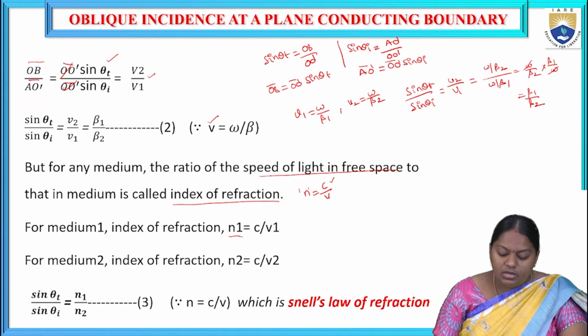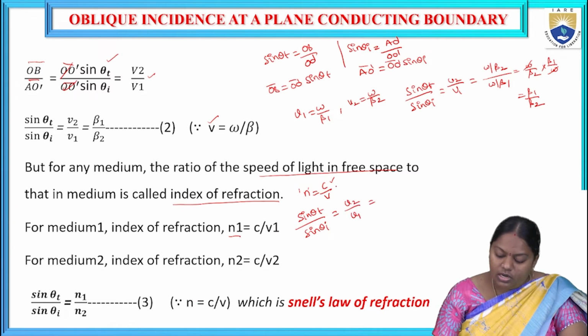So n1 can be written as c by v1 and n2 as c by v2. As we know, sine theta t by sine theta I equal to v2 by v1.